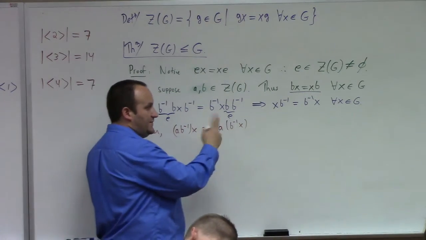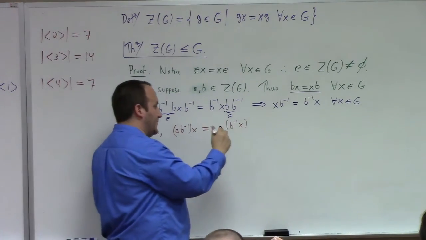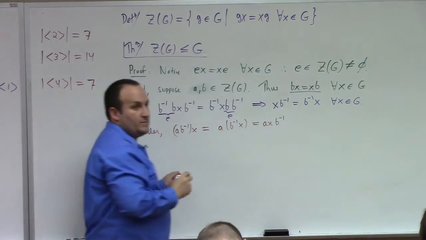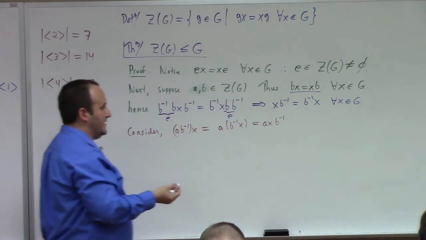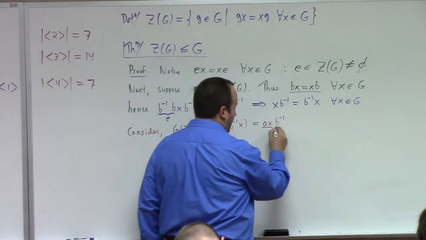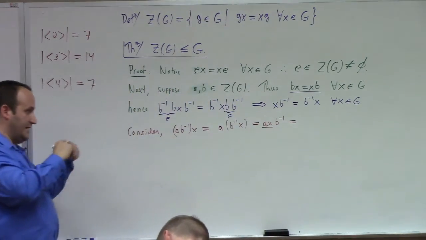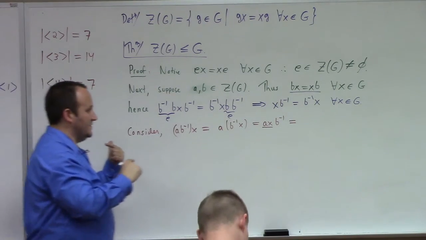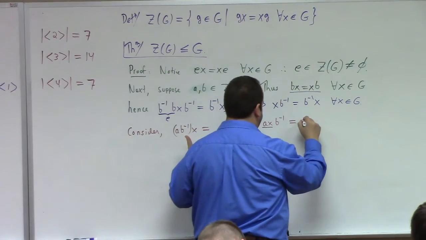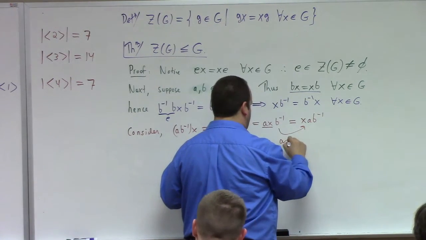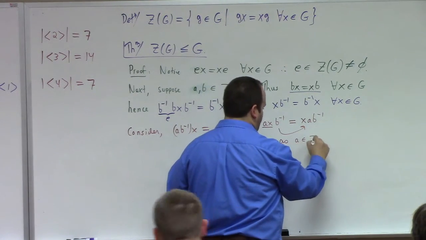I can flip B inverse and B because of what I just proved in purple, right? But then, what can I do? I can flip A and X, from AX to XA, because A is an element of the center, right?